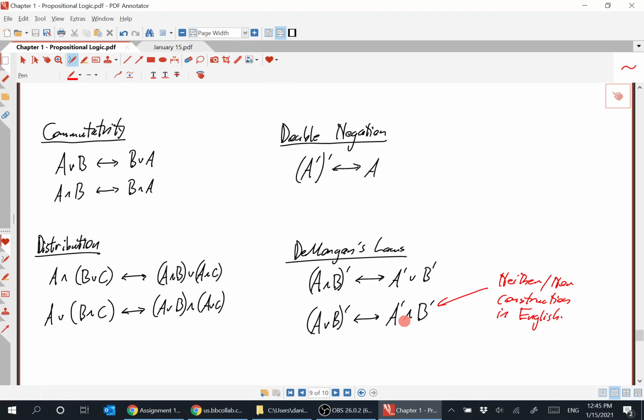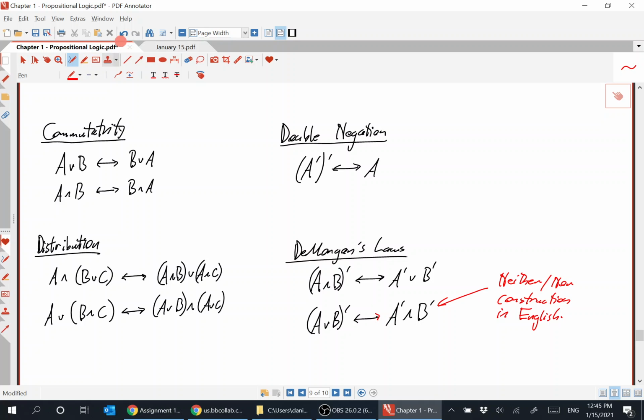It means I don't have grapes and I don't have apples, which is the negation of grapes or apples. Neither grapes nor apples. Maybe we'll do a truth table for this. But that's De Morgan's laws there.